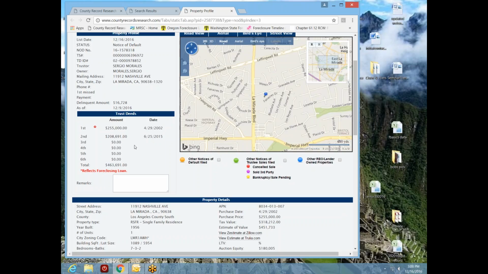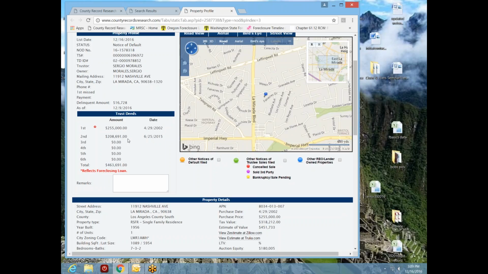Okay, so let's say he got a modification in June of 2015, and then after he got his modification, whatever crisis he's in didn't get resolved, and he's missed payments for approximately 18 months. So now that makes sense to me, because if he got a modification where his payments are around $1,000 a month, and he fell behind a month or two later, then that would explain the delinquent amount almost to the dollar.